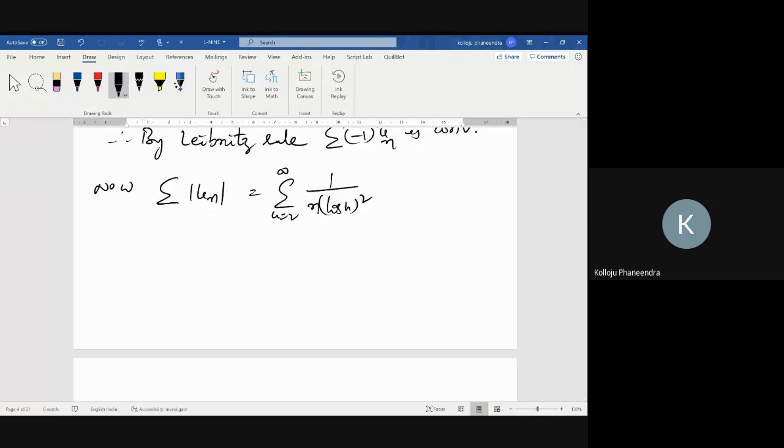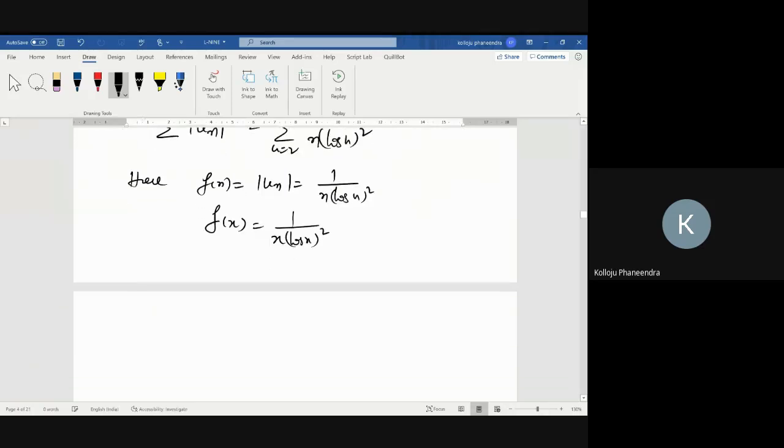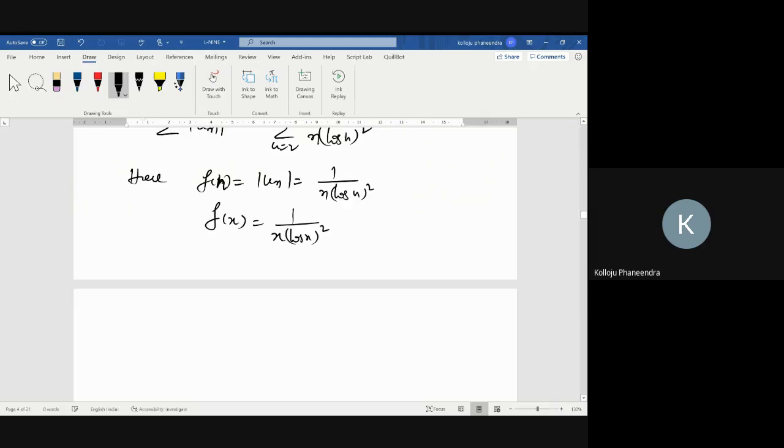So here, f of n is nothing but mod un, that is 1 by n log n square. So what is f of x? Now f of x becomes 1 by x log x square, where n is replaced by x.